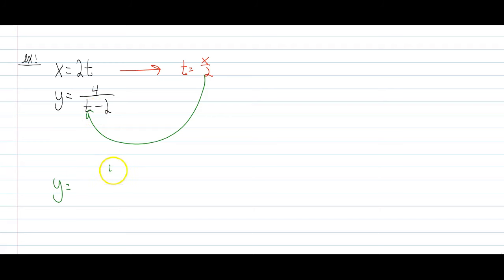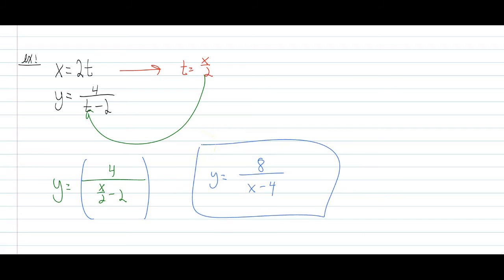So then y equals 4 over (x over 2) minus 2. Now I don't want to leave this as a fraction within a fraction, so we're going to multiply the whole numerator and the whole denominator by 2, which would give us y equals 8 over (x minus 4). So now here we have our equation in rectangular form.